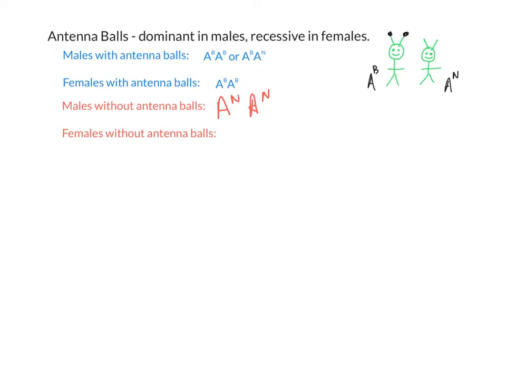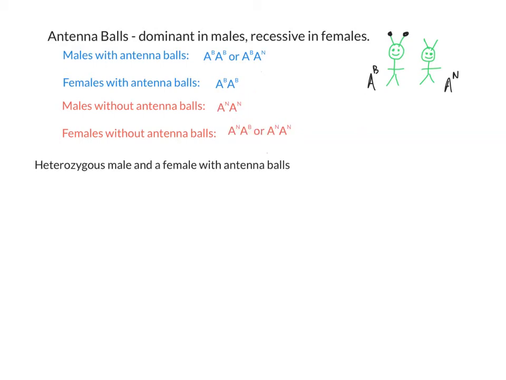Females, conversely, not having antenna balls is dominant, and so females can be heterozygous, or females can be homozygous for not having antenna balls.